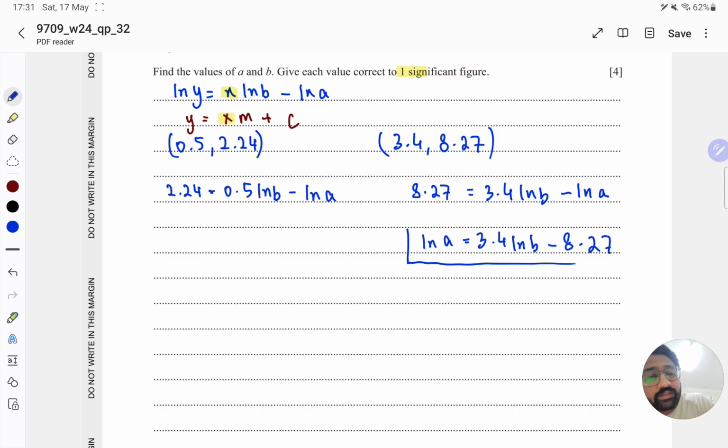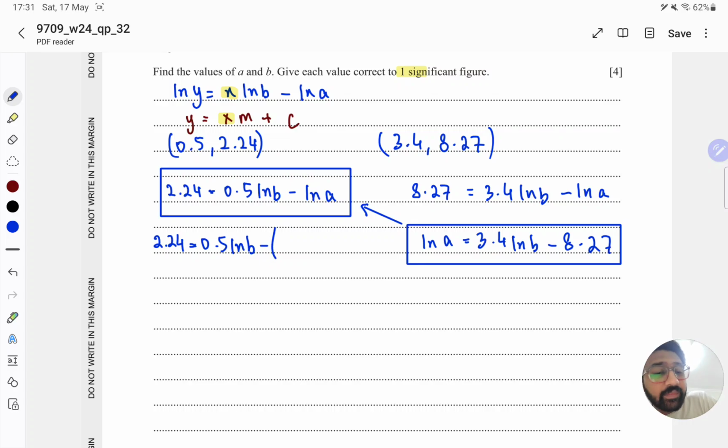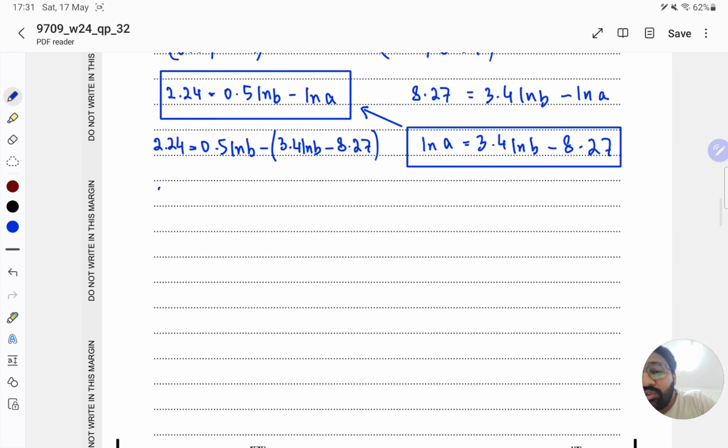Now let's substitute this into the other. So 2.24 equals 0.5 ln b minus, since I am substituting it, I'll put a bracket, 3.4 ln b minus 8.27. Now 2.24 equals 0.5 ln b minus 3.4 ln b plus 8.27.